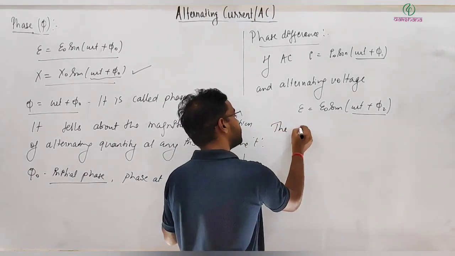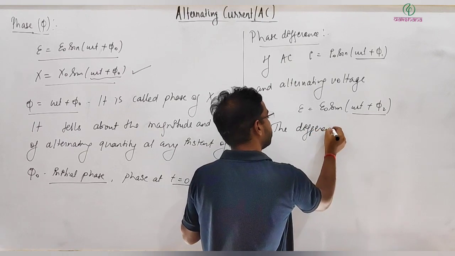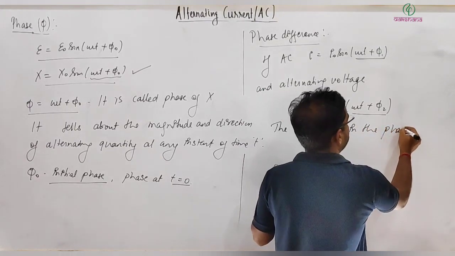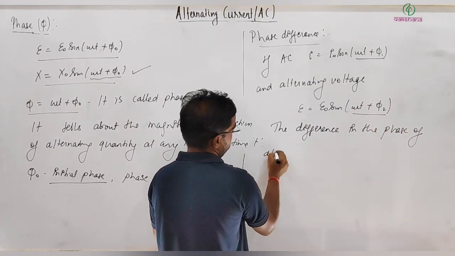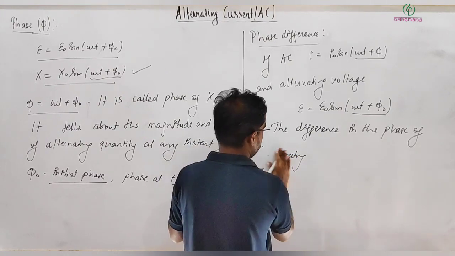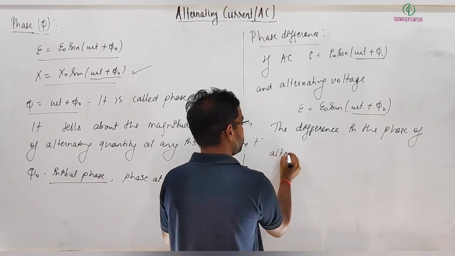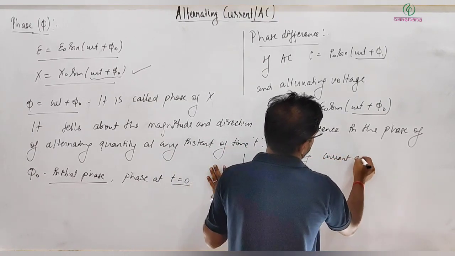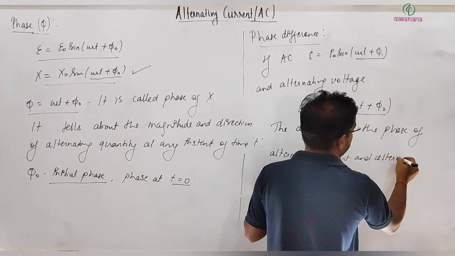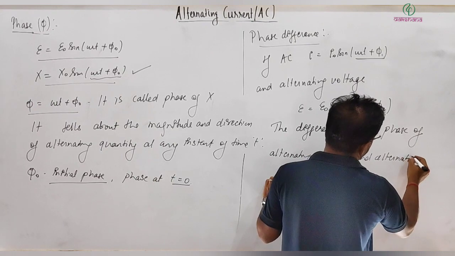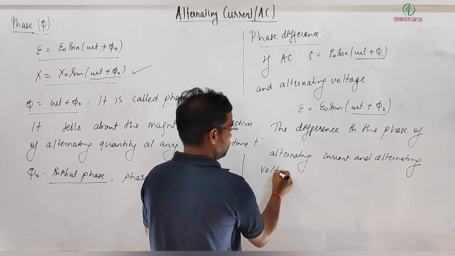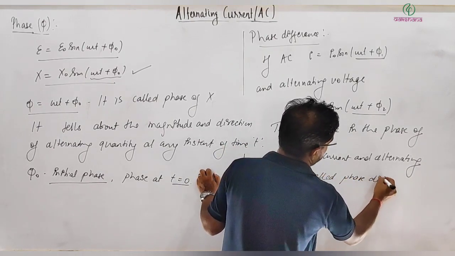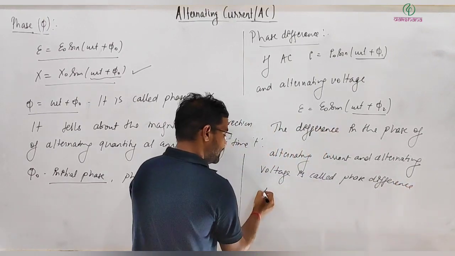The difference in the phase of alternating current and alternating voltage is called phase difference, denoted by delta phi.